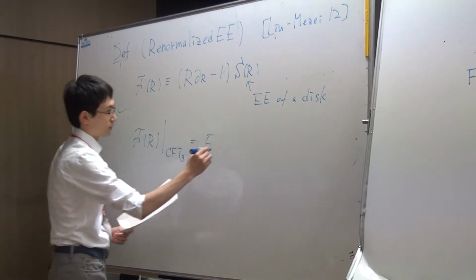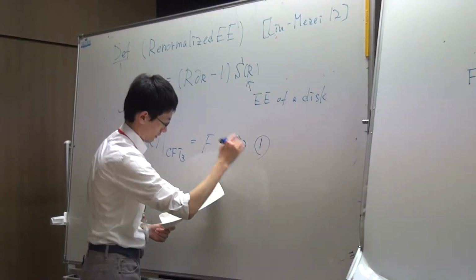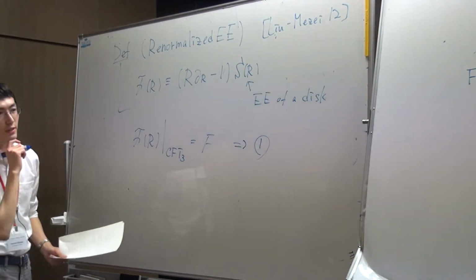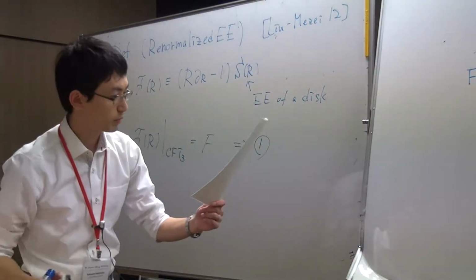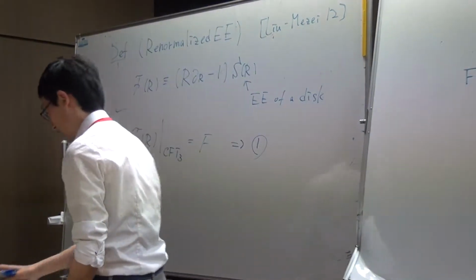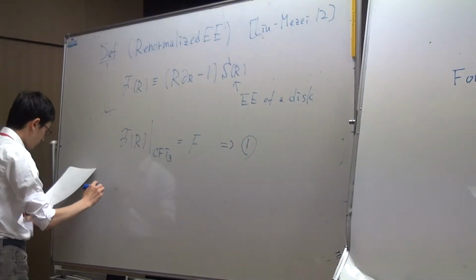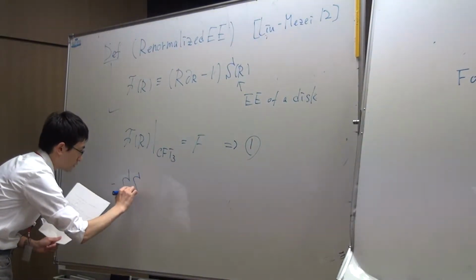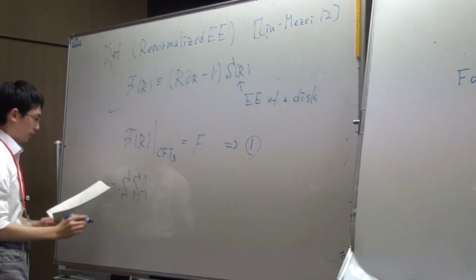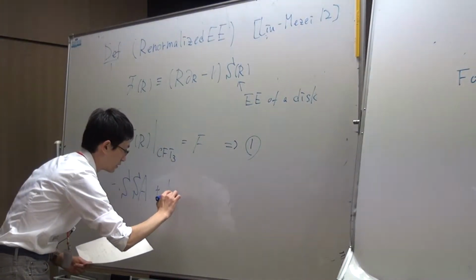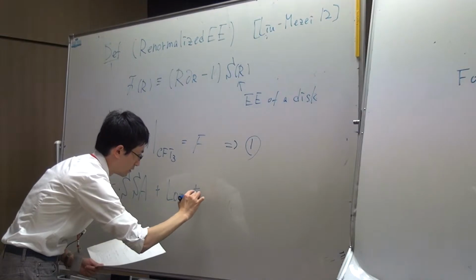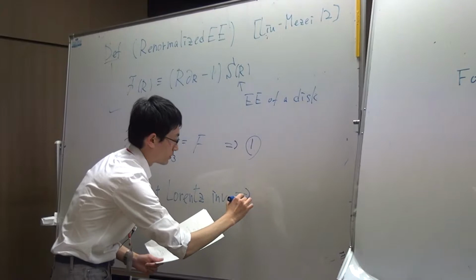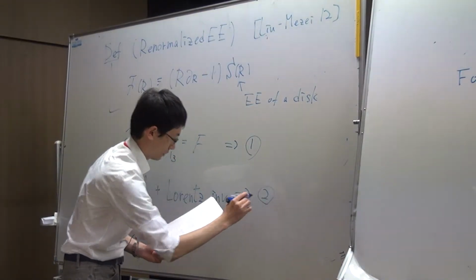So this satisfies the first property, and I'd like to show you the second property, but the proof is very complicated, so I will just mention it. To prove the second property, you again have to use strong subadditivity plus Lorentz invariance of the theory. Then you can prove the second property.